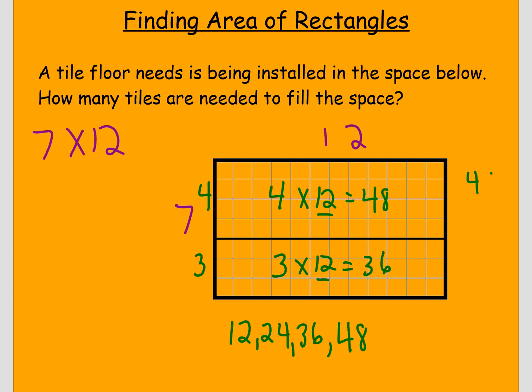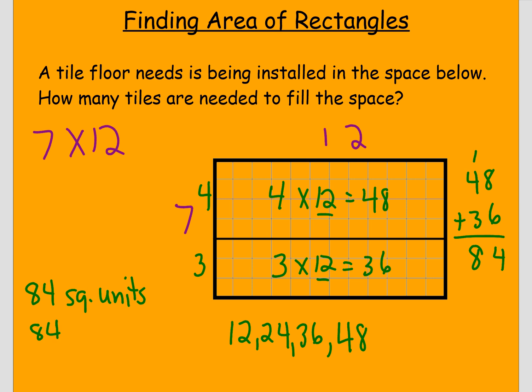Then I would need to add 48 plus 36. I can add those and get 84 square units, or 84 tiles. Personally, I like the previous way of doing it better, splitting up my 12 into 10 plus 2.